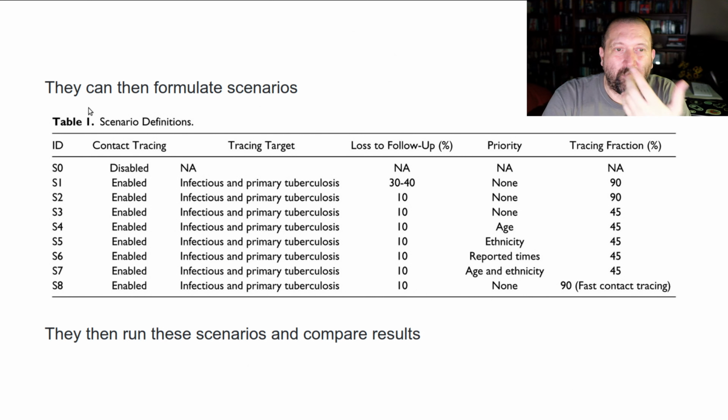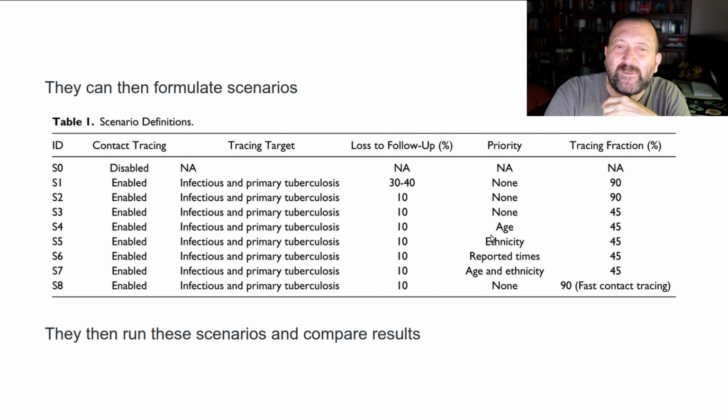So what the authors do is they formulate scenarios. You can see, for instance, is there any contact tracing? If there's no contact tracing, then certain things happen. Or is there contact tracing? And then who is the contact tracing target? How much loss to follow up is there, that is, how many patients do you not see because they disappear in the system?